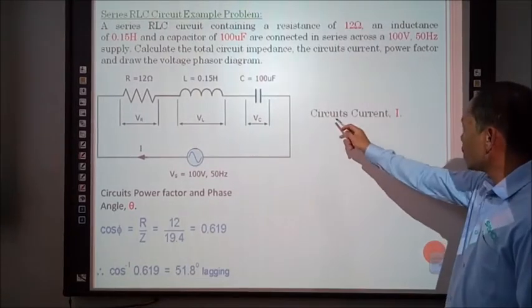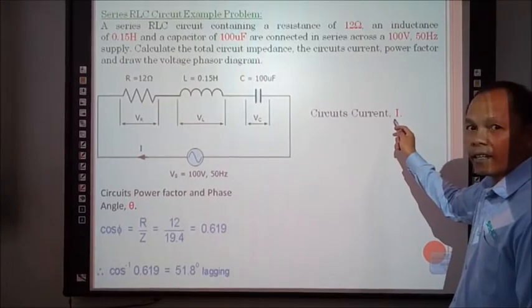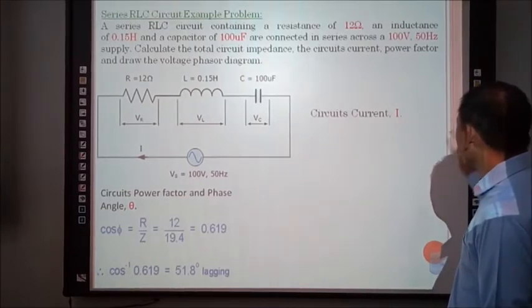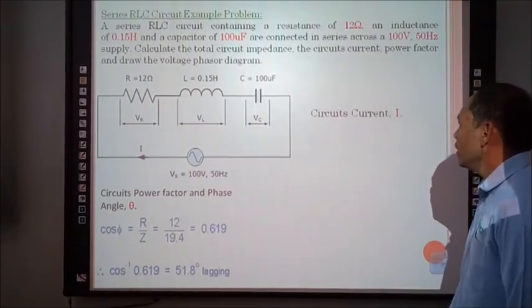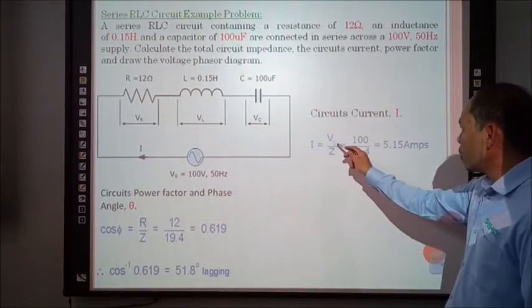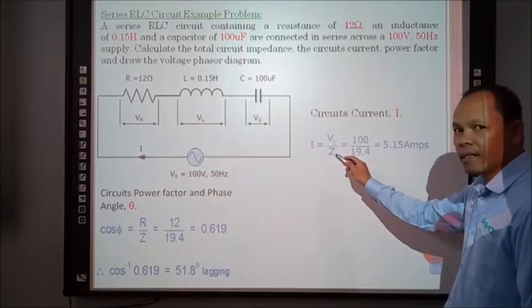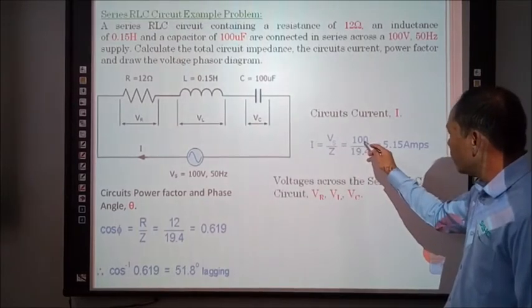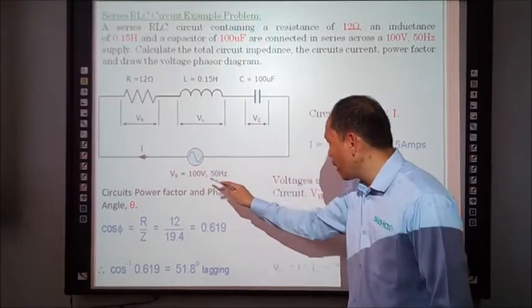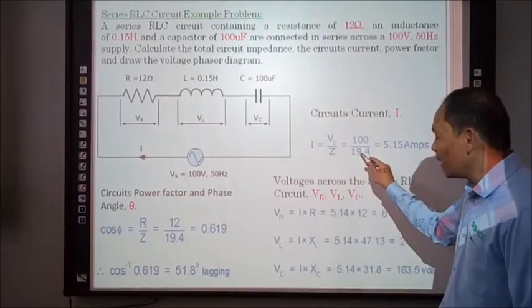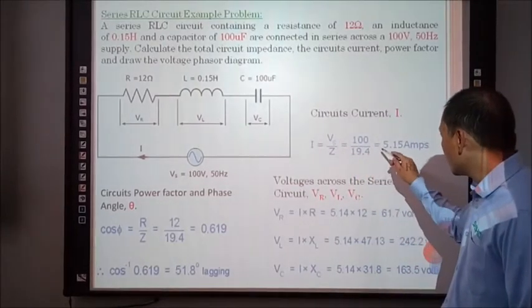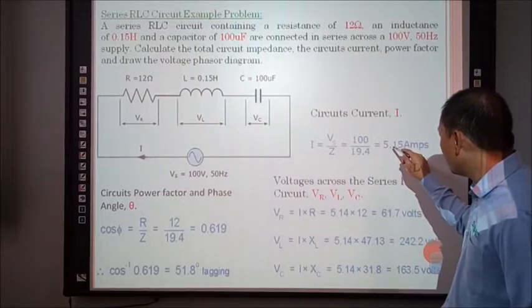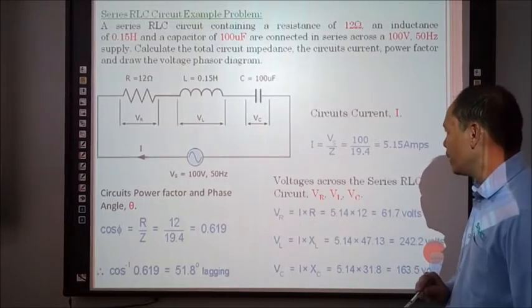Circuit current, which is I. So the formula is I is equal to the source voltage divided by the Z. So your Vs is 100 volts, and the Z is 19.4 ohms. Which is equivalent to 5.15 ampere.